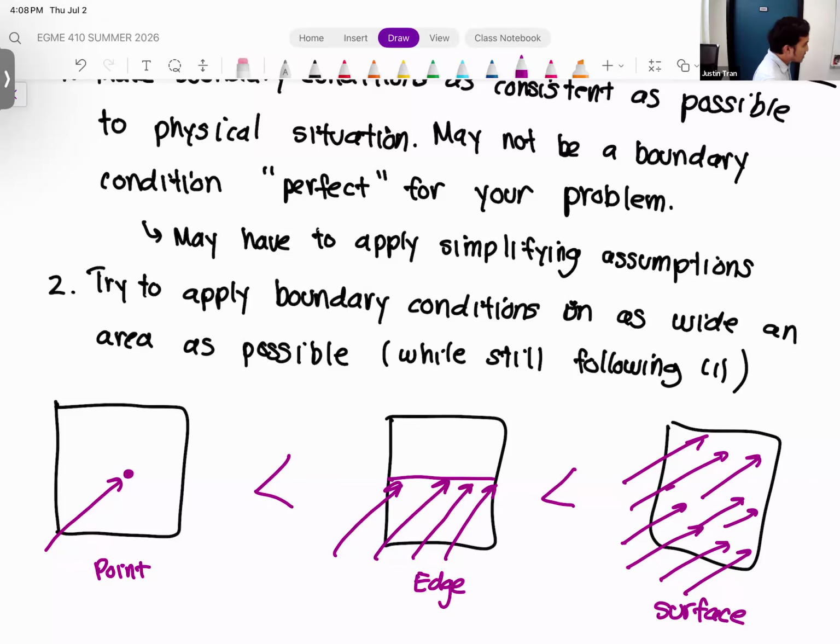This has nothing to do with physical consistency and physical accuracy. It has more to do with the stability of the simulation. Generally speaking, if you concentrate a very large amount of force at a single point and there's no force applied at any place around it, that can lead to numerical difficulties, to put it lightly.